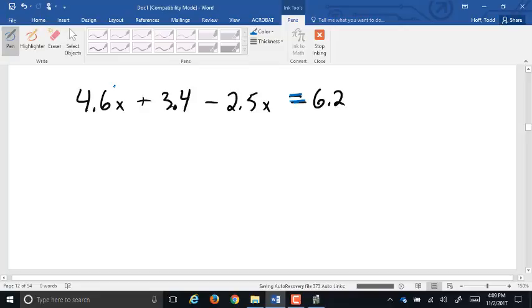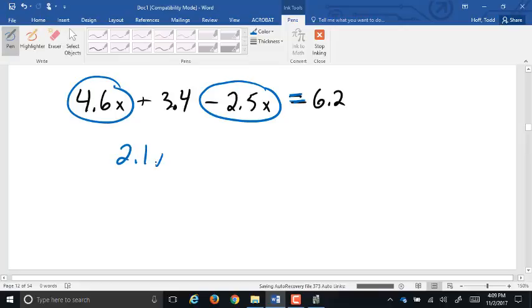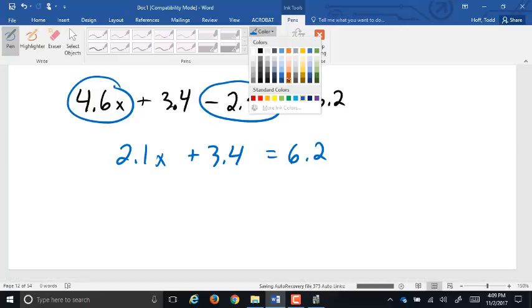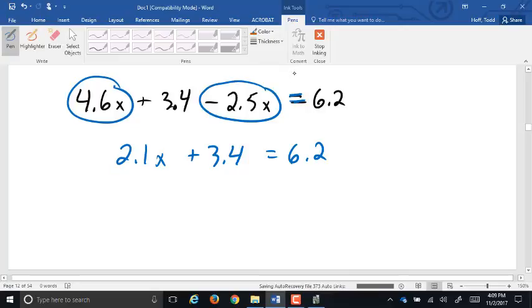We're combining 4.6x and a negative 2.5x, which makes 2.1x. Very good. We still have the plus 3.4 equals 6.2. What are we going to do with that? Subtract 3.4.